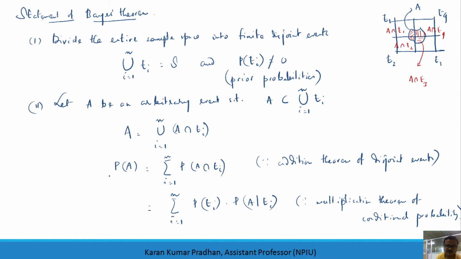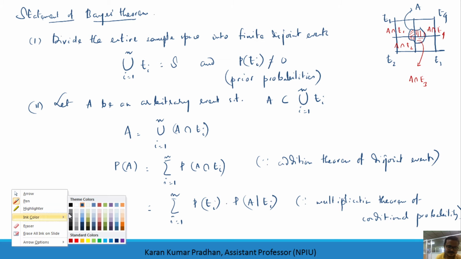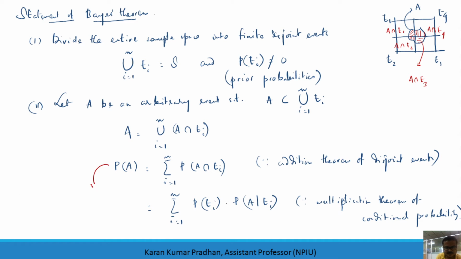This is called your joint probability, whatever you have found here.